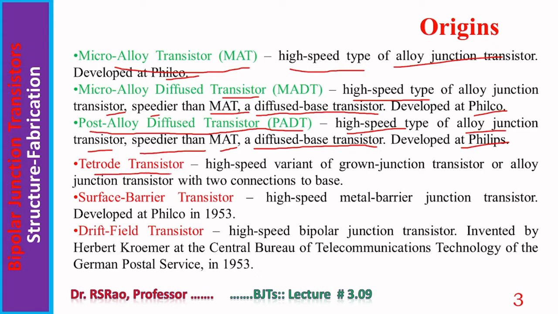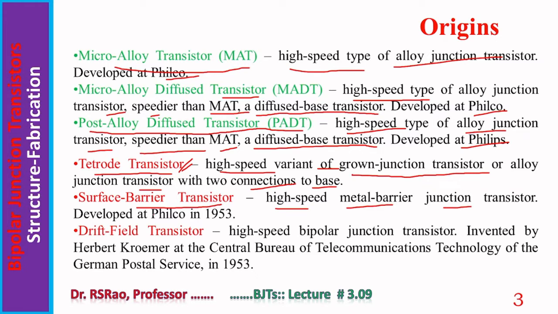Then the tetrode transistor, a high speed variant of the grown junction transistor or alloy junction transistor with two connections to the base. This is the description of the tetrode transistor. Then came the surface barrier transistor. It is a high speed metal barrier junction transistor.